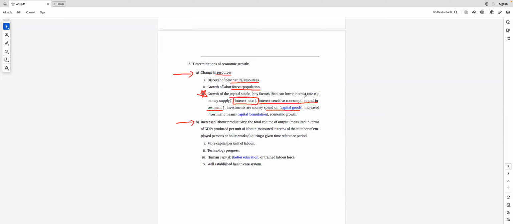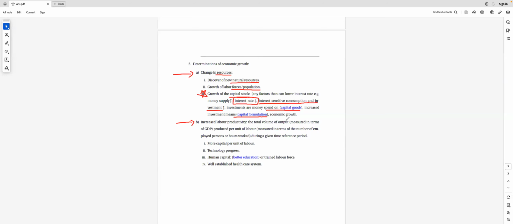Once they borrow more money and spend more money on capital goods, what will happen? Something called capital formation will happen. So we as a country, all the producers, can accumulate more capital.